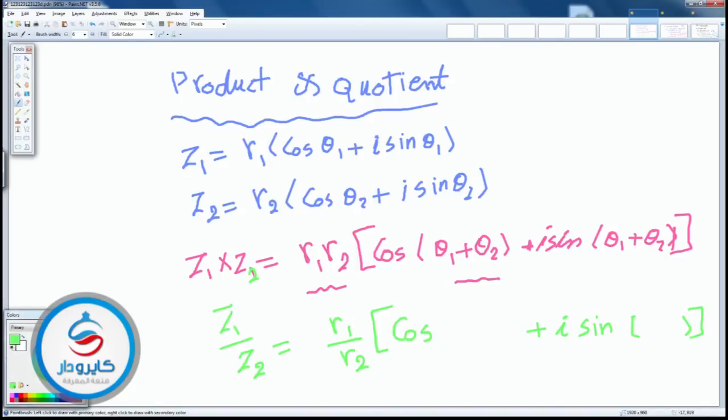Cosine what and I sine what? Here we make the addition between the two arguments when we multiply two numbers, but here it will be theta 1 minus theta 2, and this is a very important rule.